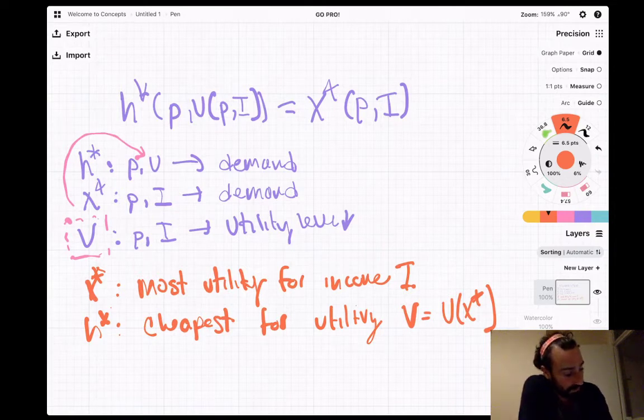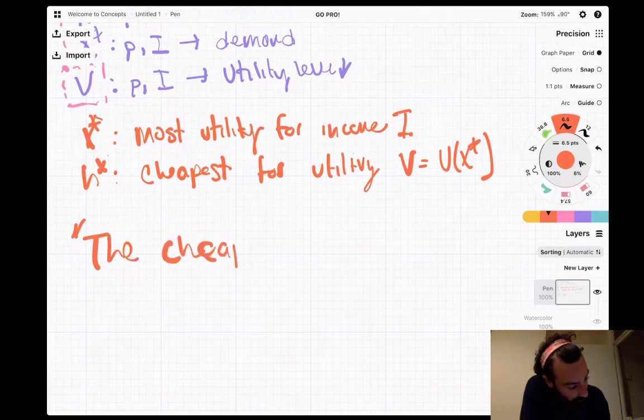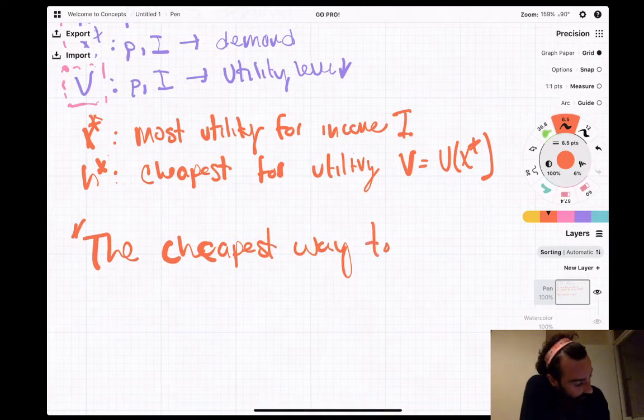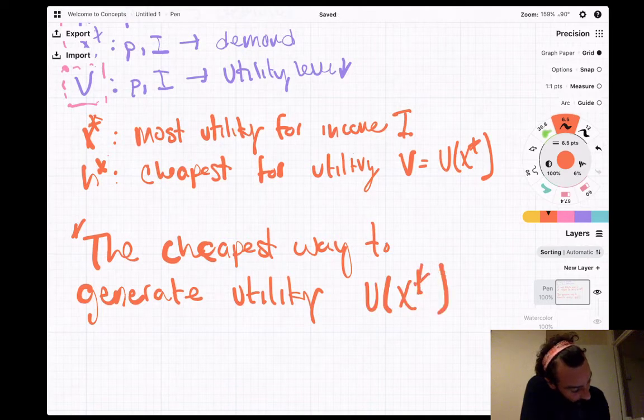Okay, so I'm going to write that down. That's why I think that is the most important thing. The cheapest way to generate utility U of X star is X star, right?